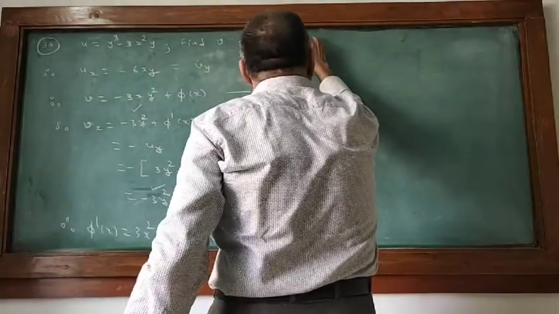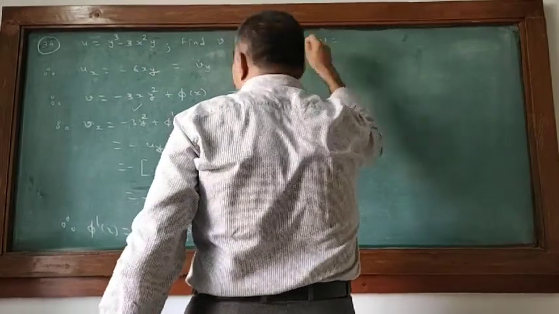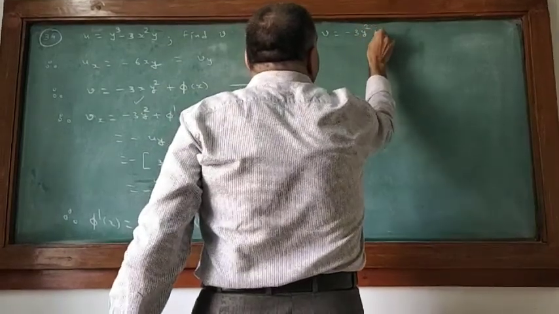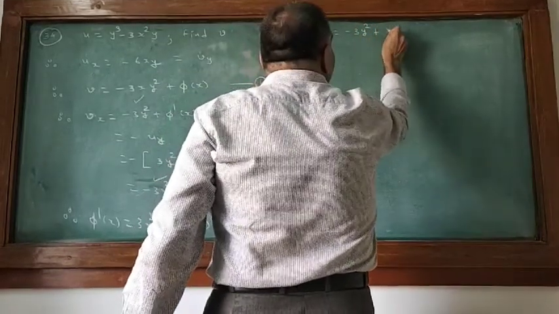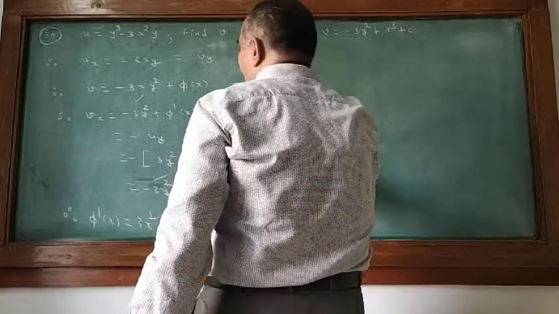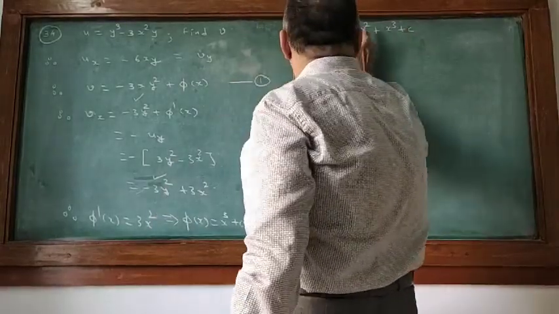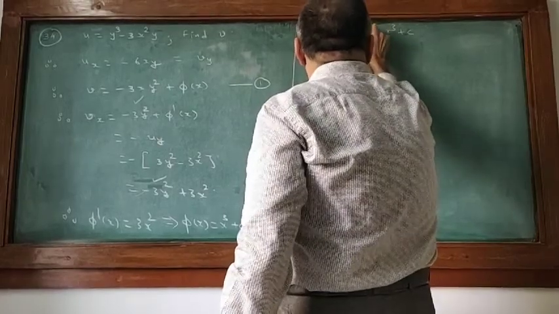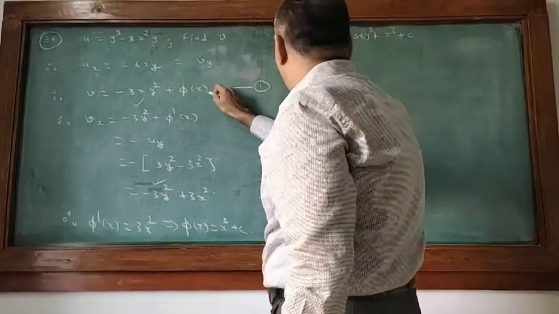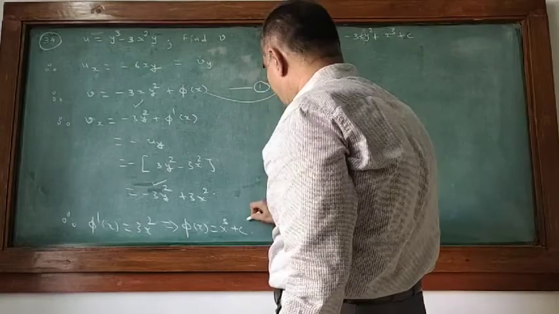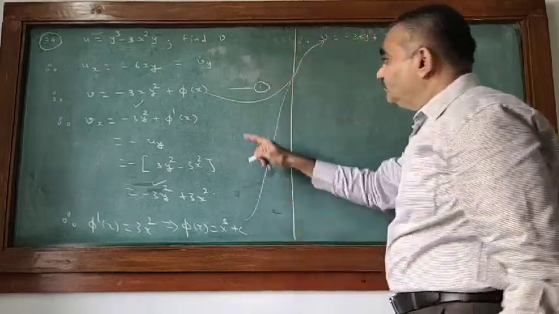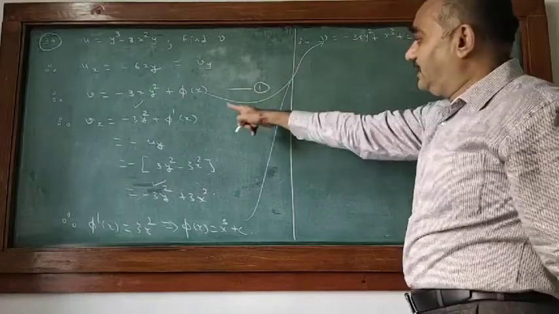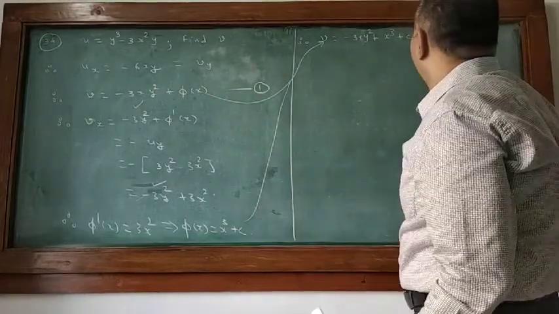So what is v? V is minus 3xy square plus phi x, that is x cube plus c, and this is v.